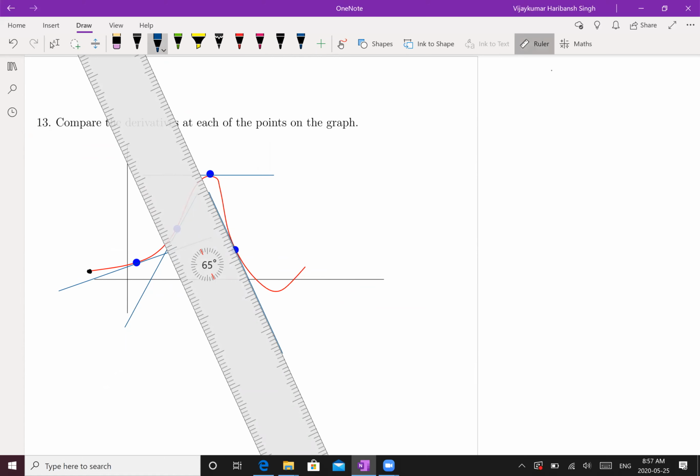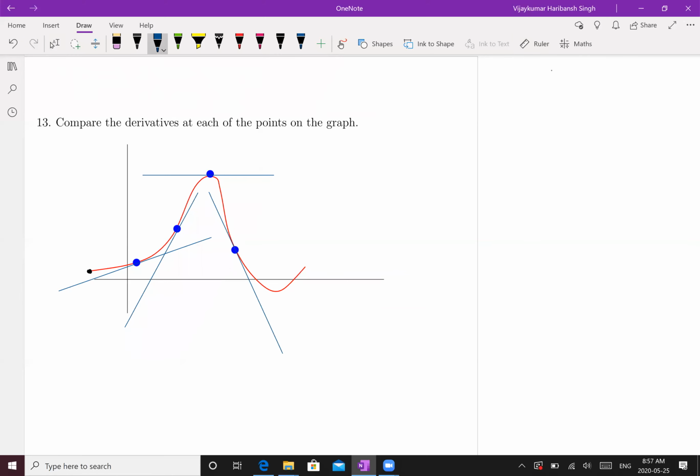Okay. So now let's compare the tangent lines. At this point here, what is the derivative? The derivative is the slope of the tangent line. What can you say about the derivative? Is there any information you can get out of this graph for the derivative?